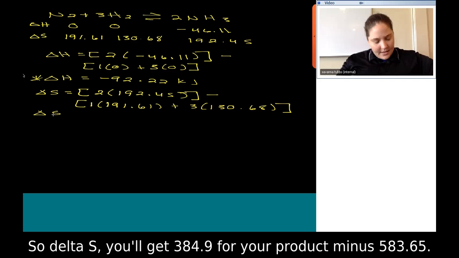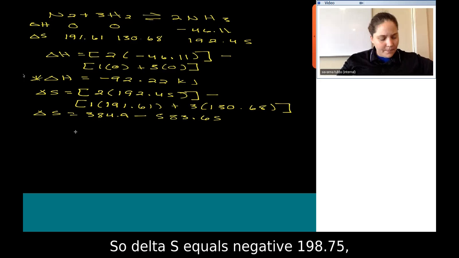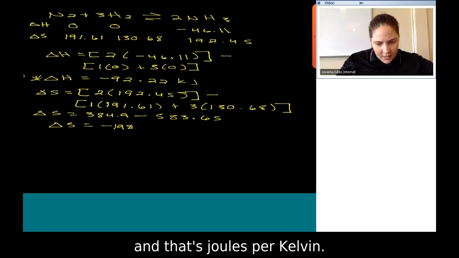So for delta S, you'll get 384.9 for your product minus 583.65. So delta S equals negative 198.75, and that's joules per Kelvin.